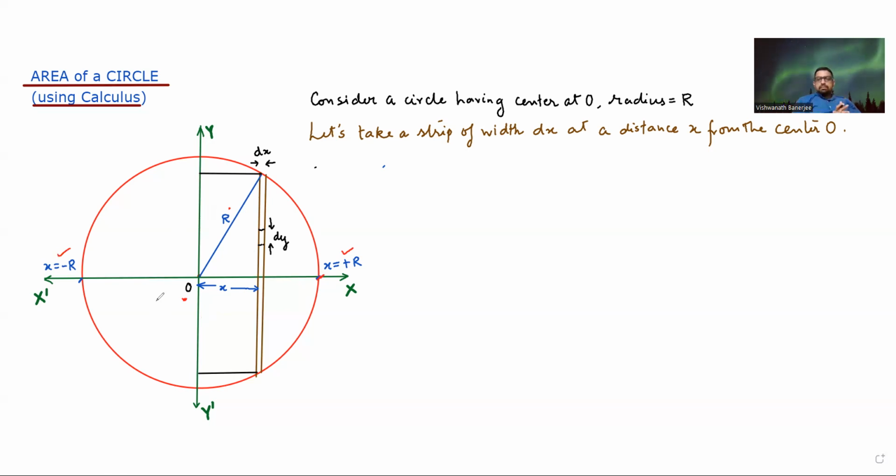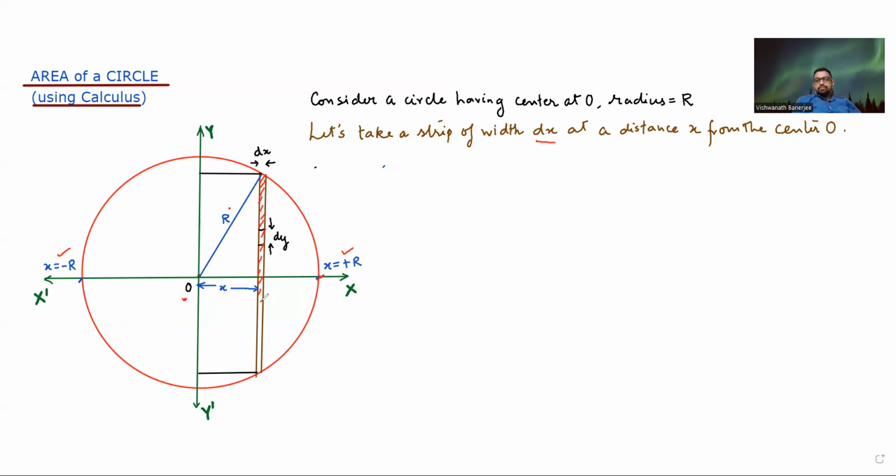The technique we are employing here is that, because we are calculating the area of the entire circle, we consider a strip on its area. And how are we considering that? A strip of width dx. So this is the strip, this brown colored one, and I'm now shading it with red.